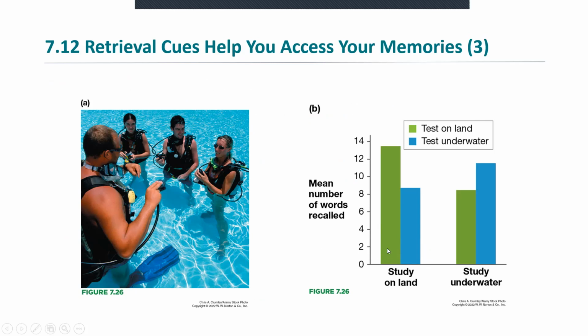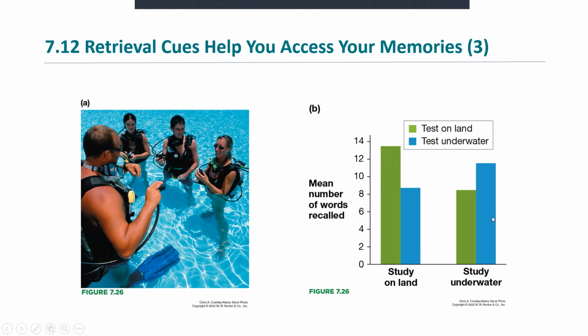These are all subjects that studied this list of 40 unrelated words while they were on land. And then if they were tested on land, you can see that they got between 13 to 14 correct. But if they were tested underwater, they only got about 8 or 9 correct.